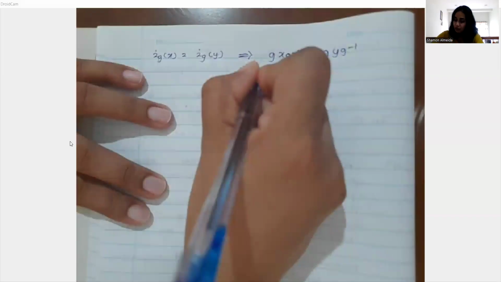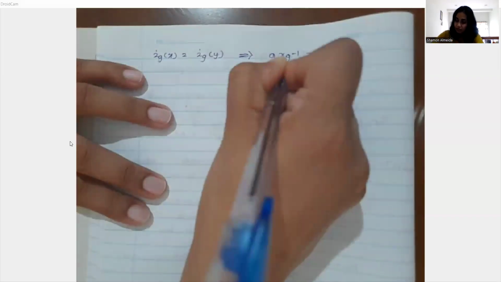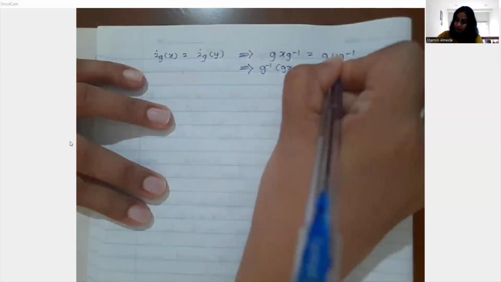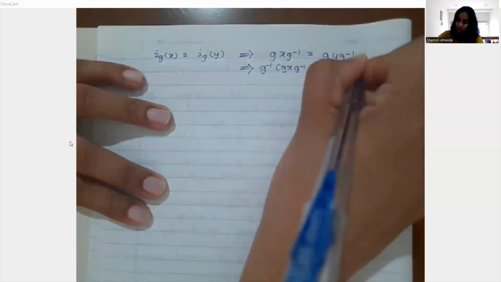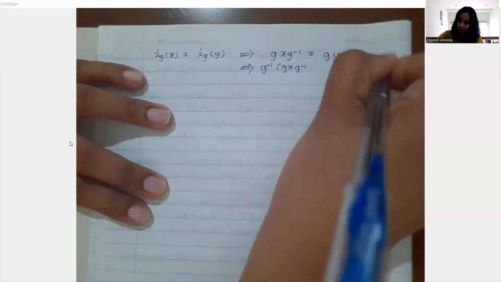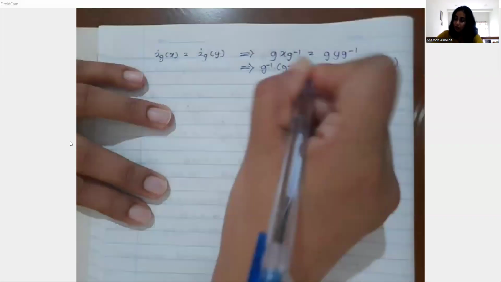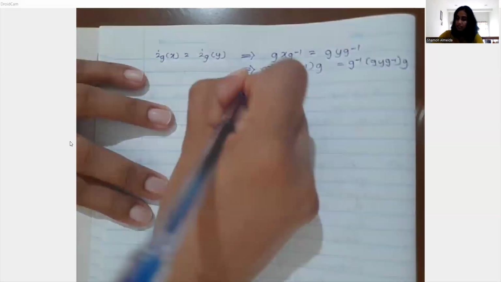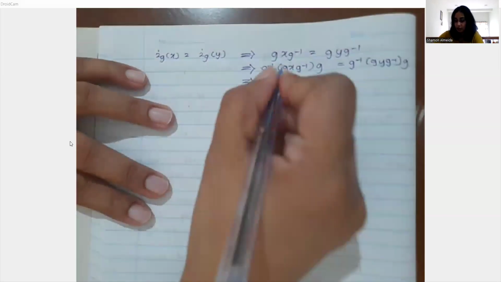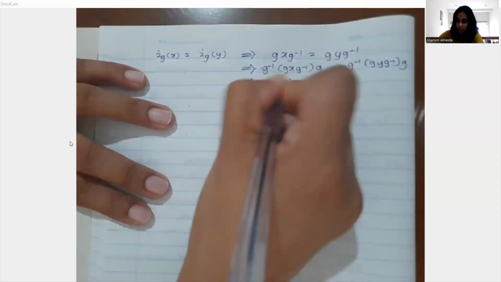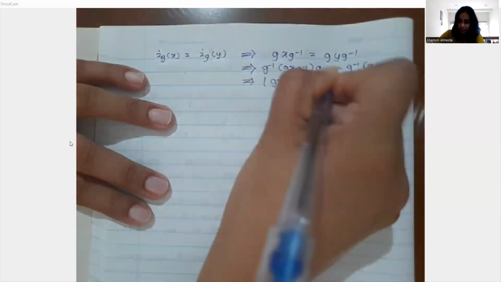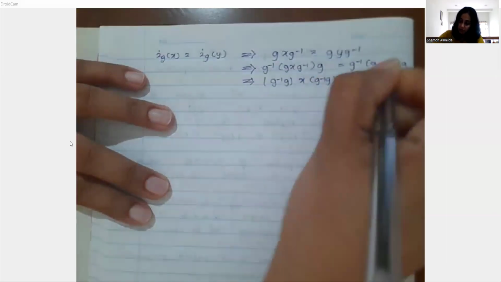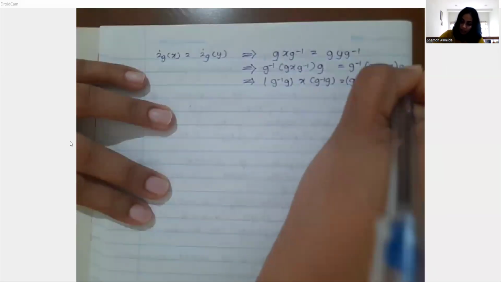So on the left, we put G inverse, we have Gx G inverse, and then on the right, G. Once again, using the associative property, we see that this is G inverse G times x, G inverse G. Same on this side, G inverse G times y, G inverse G.